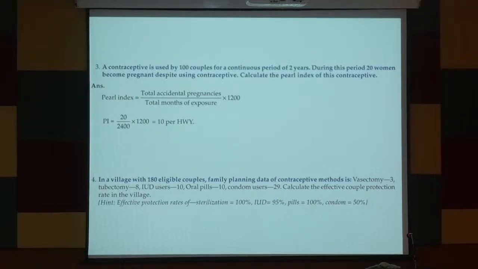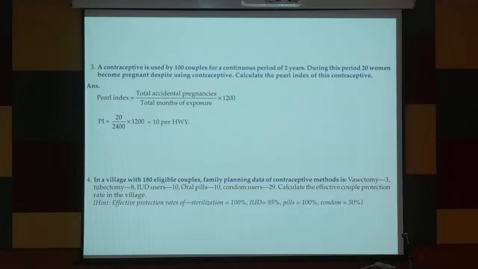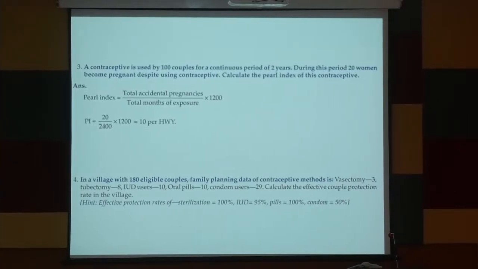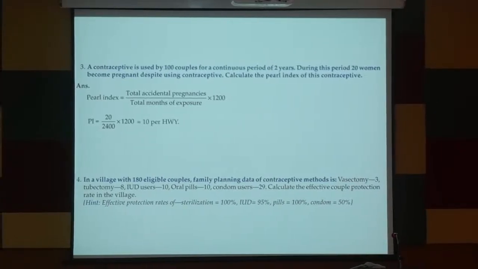So 24 into 100 is 2400 in the denominator, and there are 20 accidental pregnancies, that is 20 women become pregnant despite using the contraceptive. That is the numerator, the whole multiplied by 1200. So the Pearl index of the contraceptive is 10 per 100 women years.